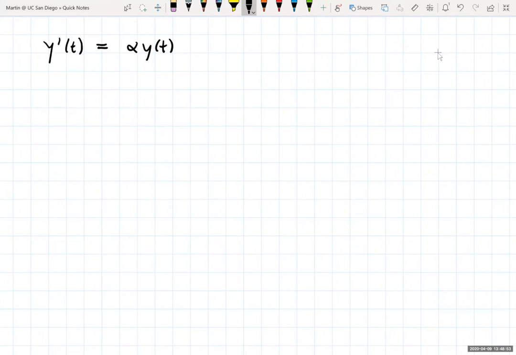We can apply that result to quite a number of initial value problems that we already know. So let's suppose we've got y'(t) equal alpha times y(t), and as initial condition we just say, okay, why not, let's say y(0) is equal to 1.